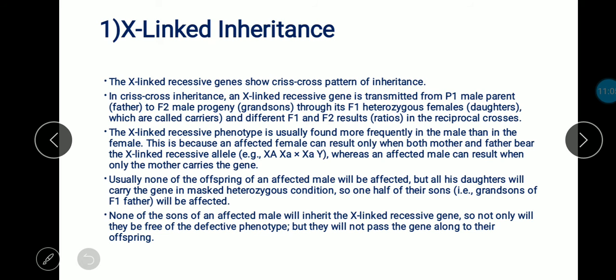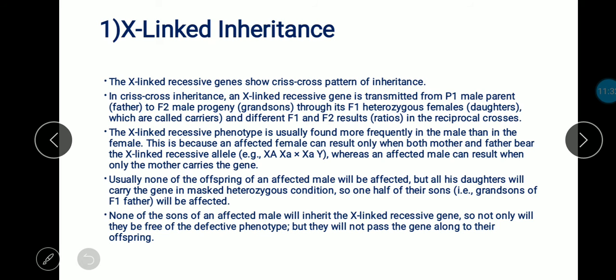In crisscross inheritance, an X-linked recessive gene is transmitted from the P1 male parent to F2 male progeny through its F1 heterozygous females, which are called carriers, and different F1 and F2 results in reciprocal crosses.